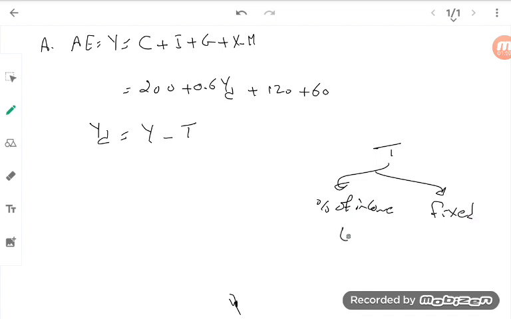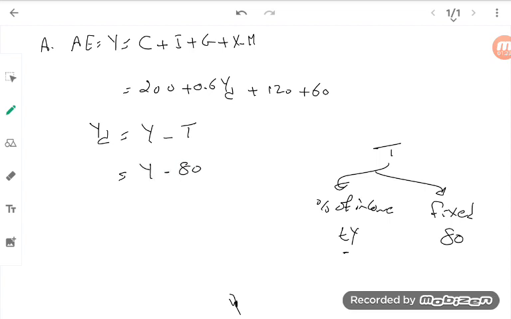Percentage of income is small t times Y, say 10% of your income, while a fixed amount, just like this example, is 80, so it doesn't depend on income. So we can write it as Y minus 80.